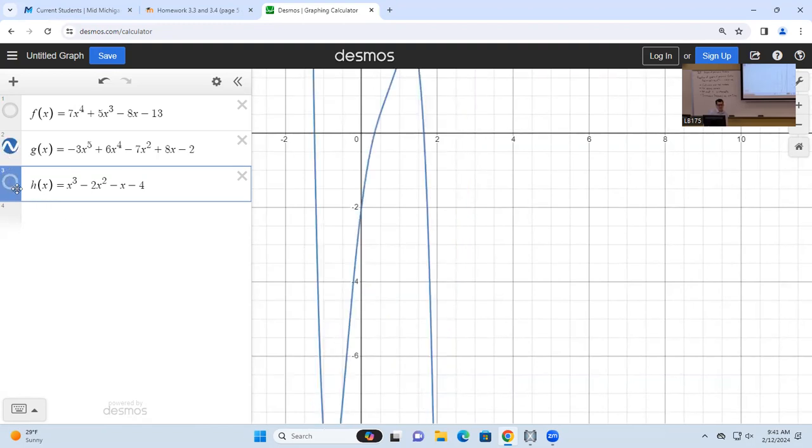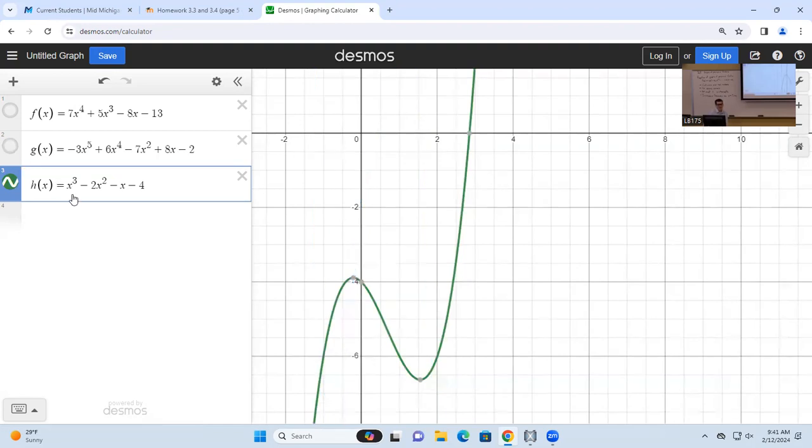But I will say this. How many turning points can a function with degree 3 have? Well, it can have at most, turns out, 2. Might have fewer.